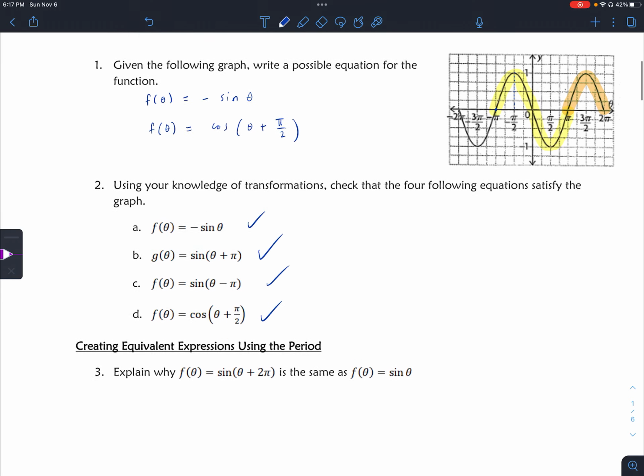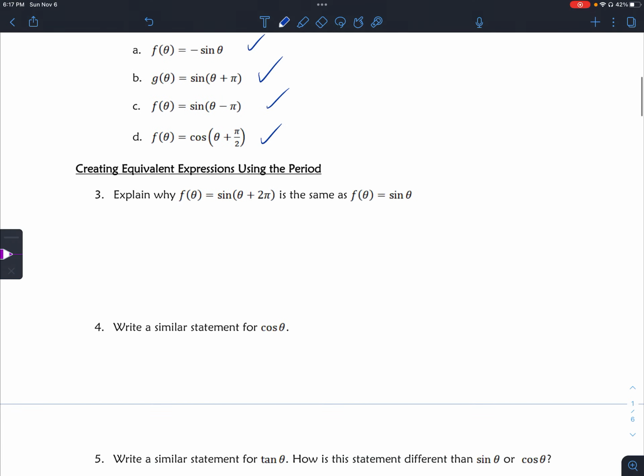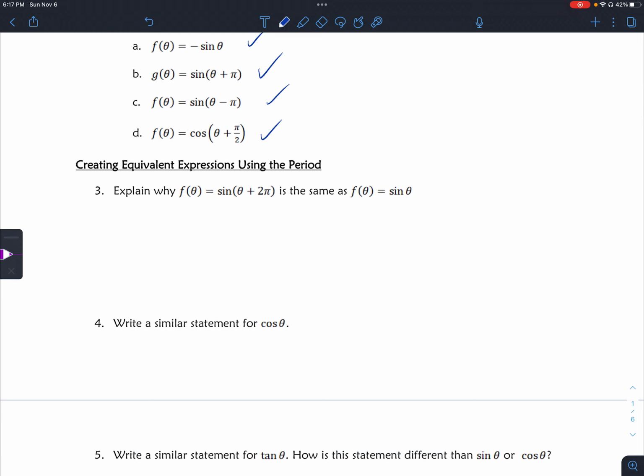Okay, so looking at number 3 now, it says explain why f of theta equals sine of theta plus 2 pi is the same as f of theta equals sine of theta. Now, you have to recall what the period is of sine and cosine.